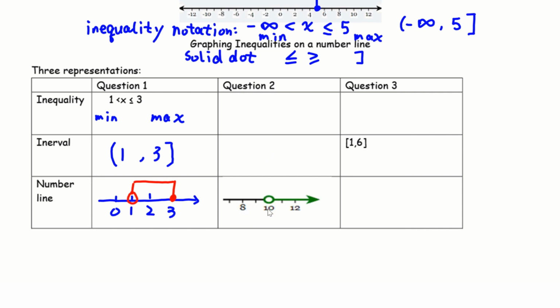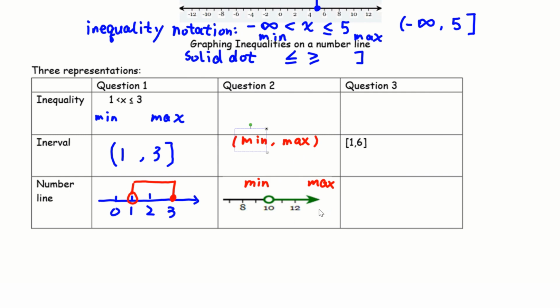For question 2, the number line is given, so we want to write this out. We find the minimum, we find the maximum, then we write the minimum, maximum, then put them in brackets. This open dot will be just a regular bracket.